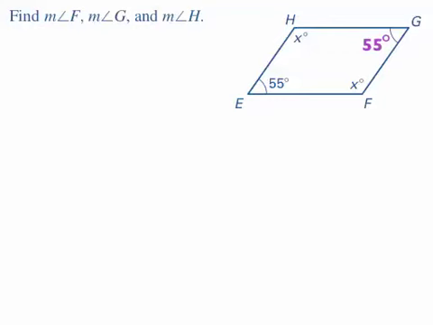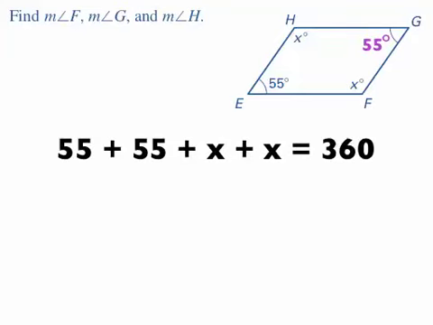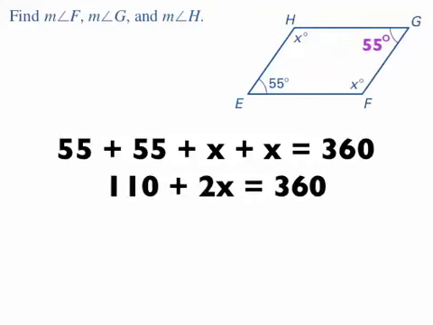Because these are both x degrees, and I know that the sum of all four angles of a quadrilateral is 360 degrees, I can say 55 plus 55, which is the measure of angle E and angle G, plus 2x, which is the measure of angle H and angle F, equals 360. I'm going to combine my like terms, and I'm going to say that 110 plus 2x equals 360.